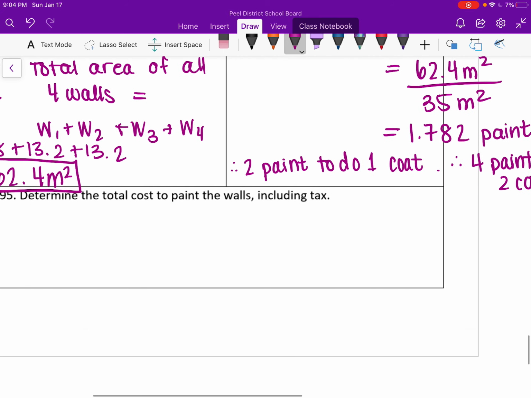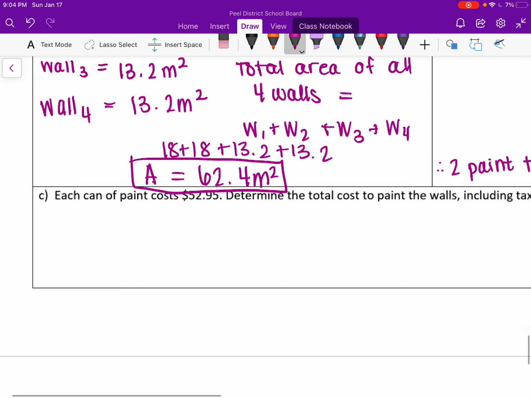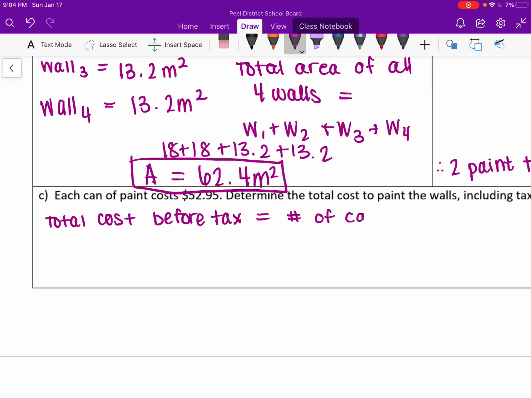So if you need 4 paint cans, and each paint can costs $52.95, that's a pretty reasonable price for paint, right? We're going to say, all right, so total cost before tax equals number of cans, so how much you're buying, times price.